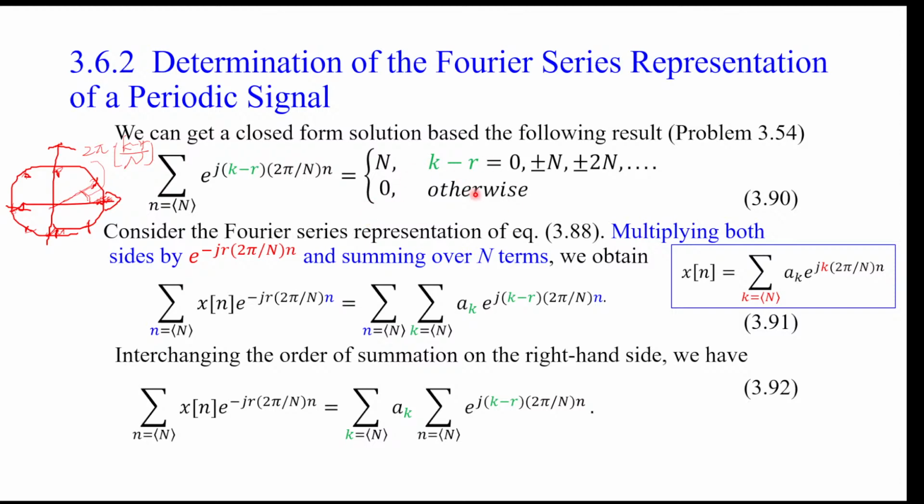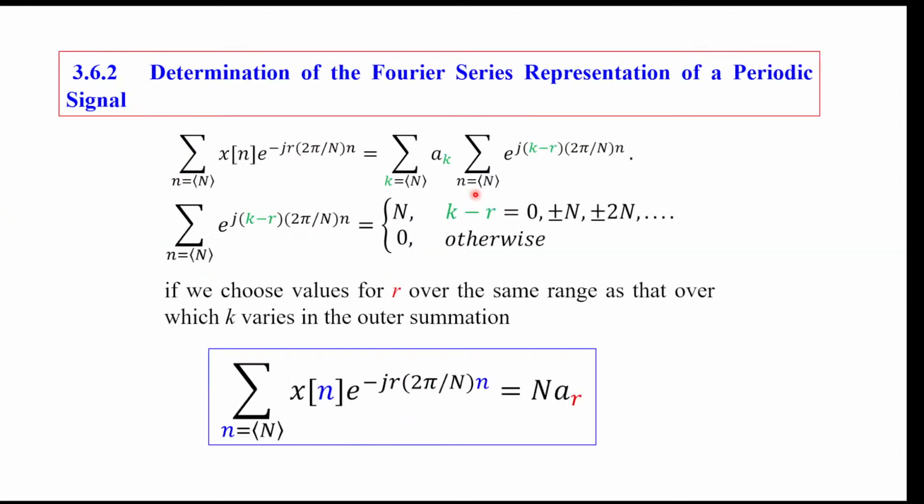Okay, so we write it here. And now we need to choose r. If we choose r inside this N bracket, then k minus r can only be 0 or otherwise, right?